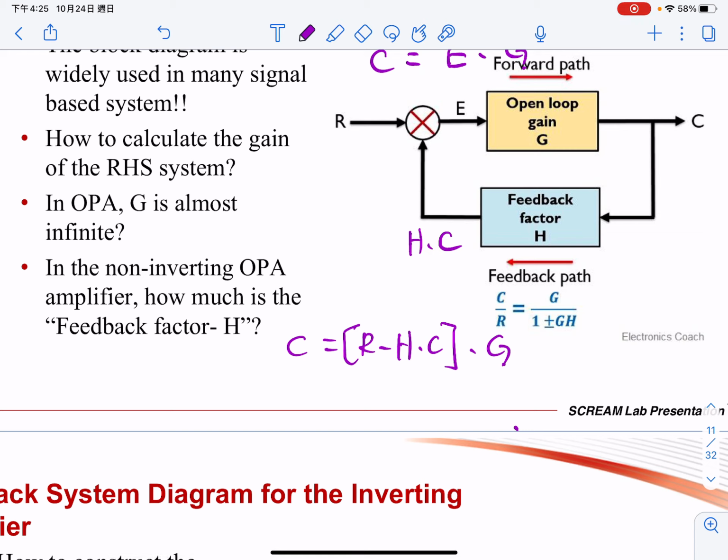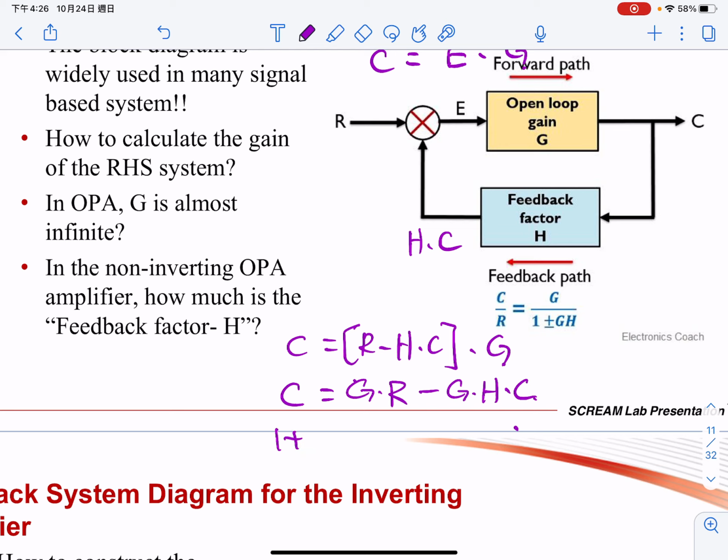Okay, this C is the output, R will be the input. Okay, so C will be G multiplied by R minus G multiplied by H multiplied by the C. Okay, so let's move things around.